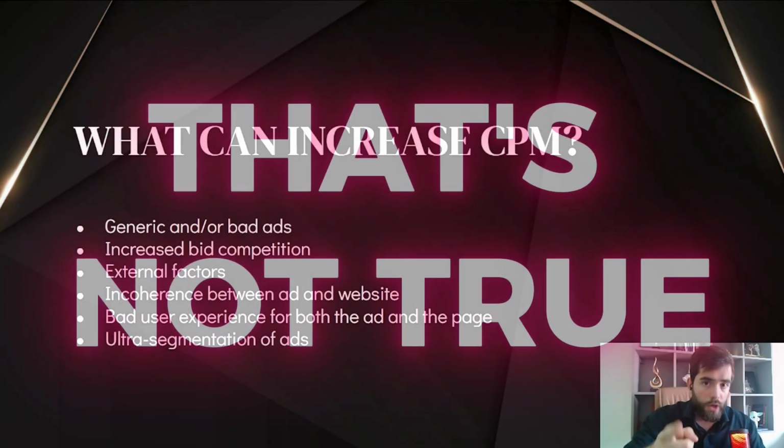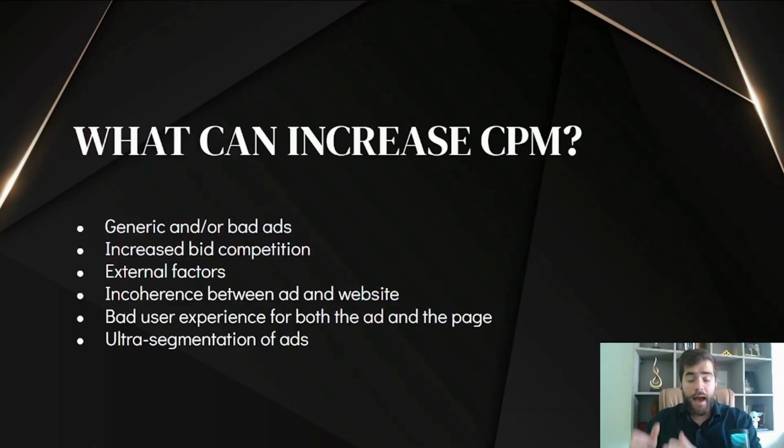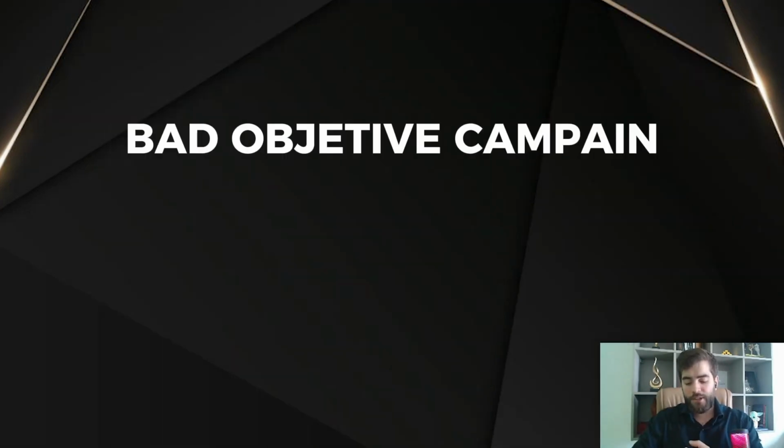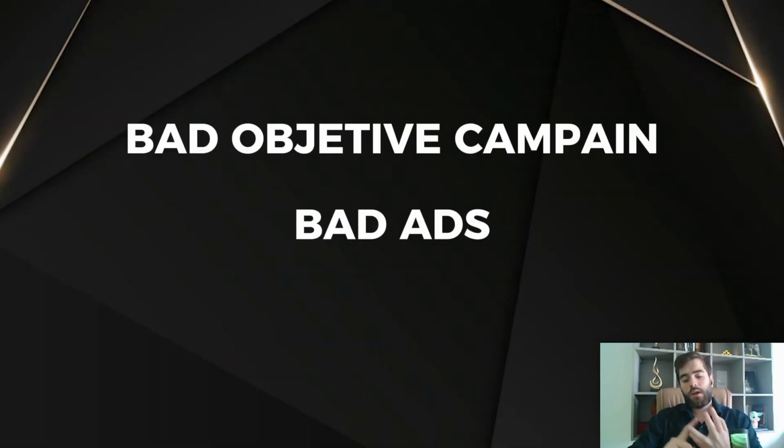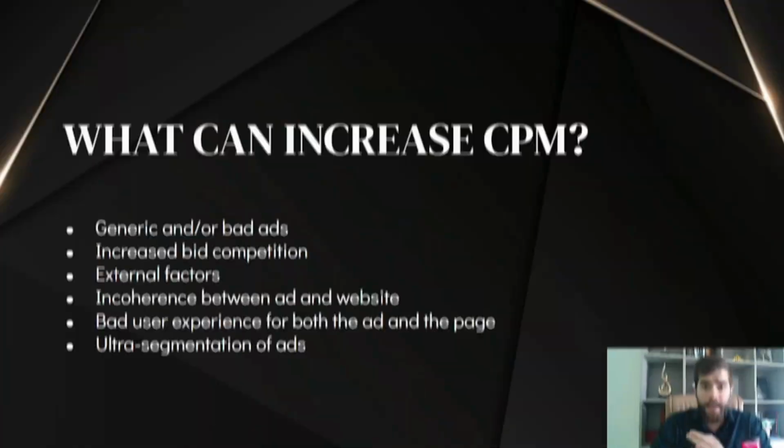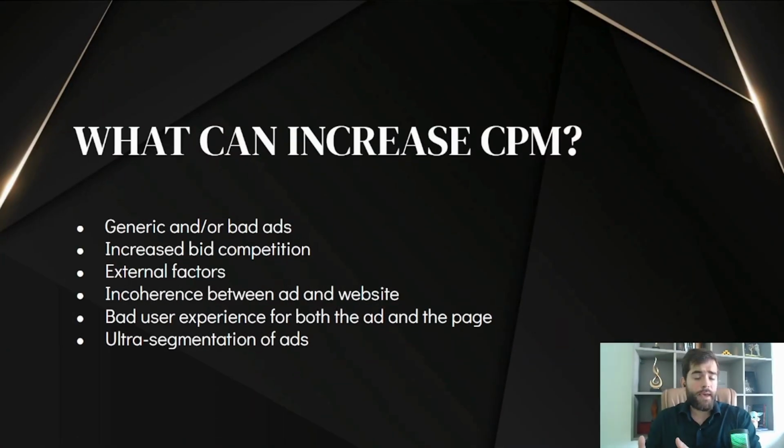That's not true. The reason that we are going to have a higher CPM, as I said a lot of things before, is campaigns with bad objectives, bad ads, bad strategy. And if you have a bad CPM, it doesn't mean that your campaigns are not good. It depends on the objectives, the number of leads that you're generating, or sales, or whatever, and the results that you're getting.